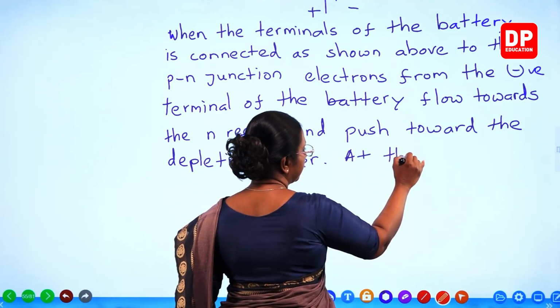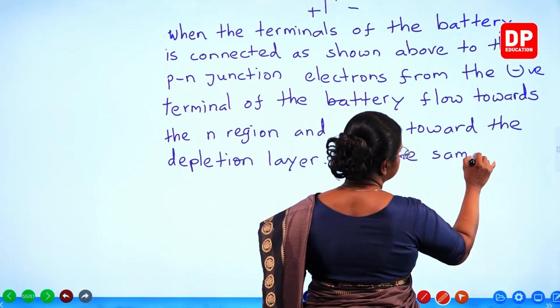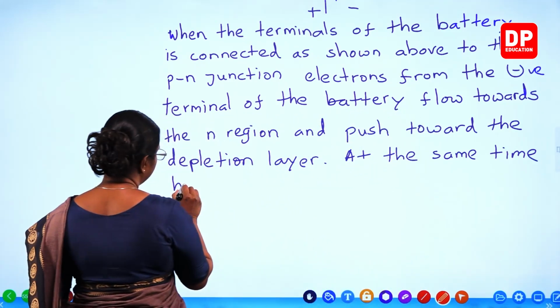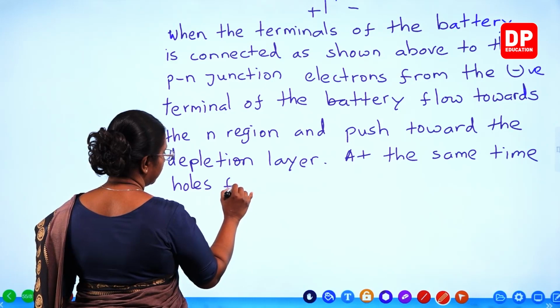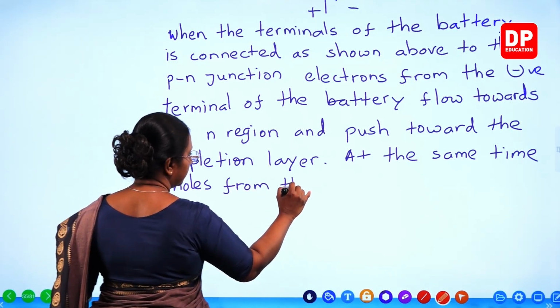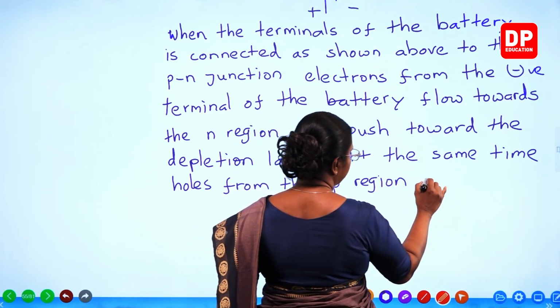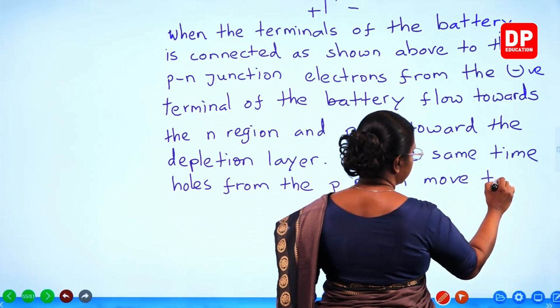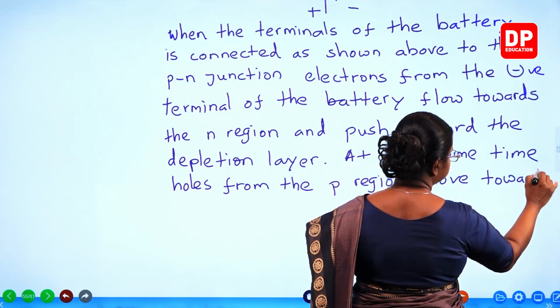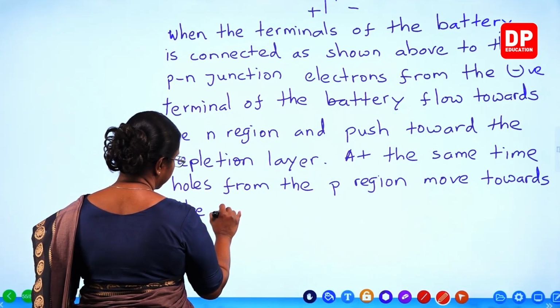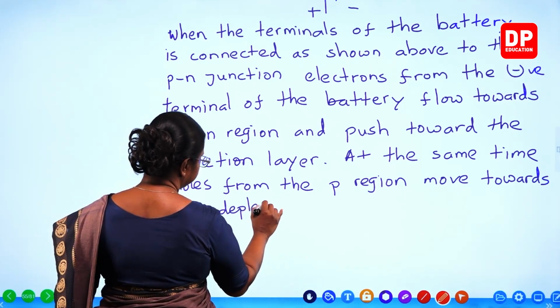At the same time, holes from the P region move towards the depletion layer.